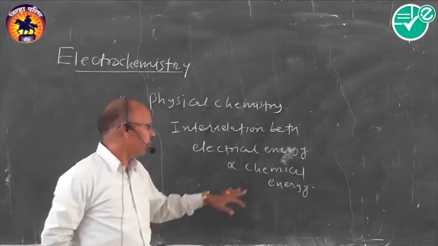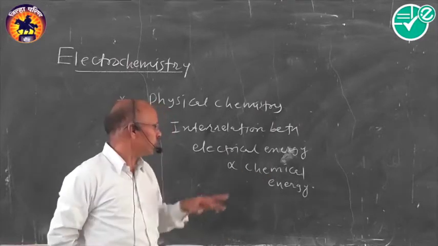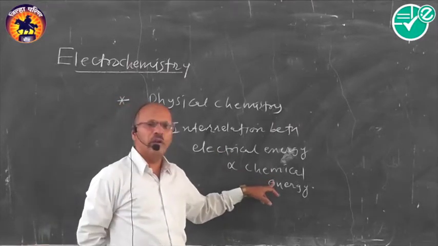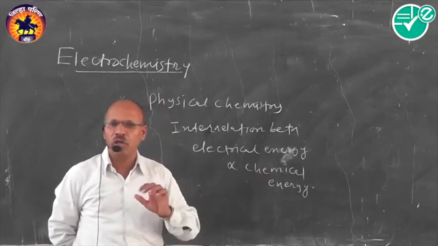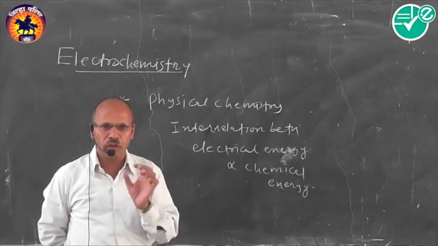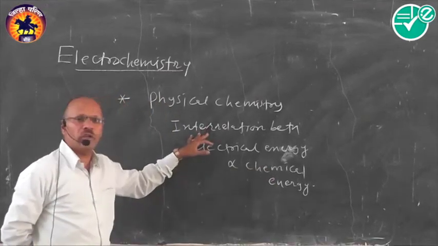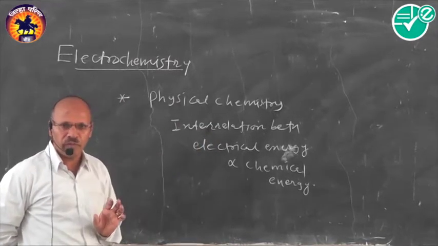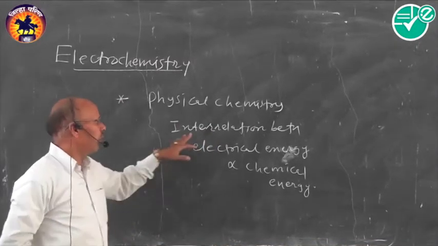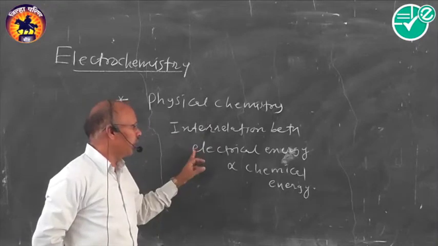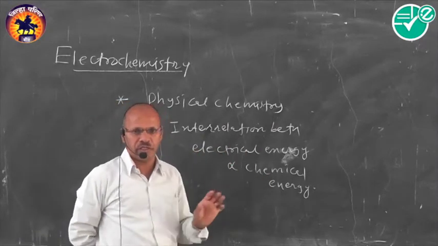In such cases, we follow conversions from electrical energy to chemical energy or from chemical to electrical energy. So remember that electrochemistry is the branch of physical chemistry dealing with the study of interrelationship between electrical energy and chemical energy.